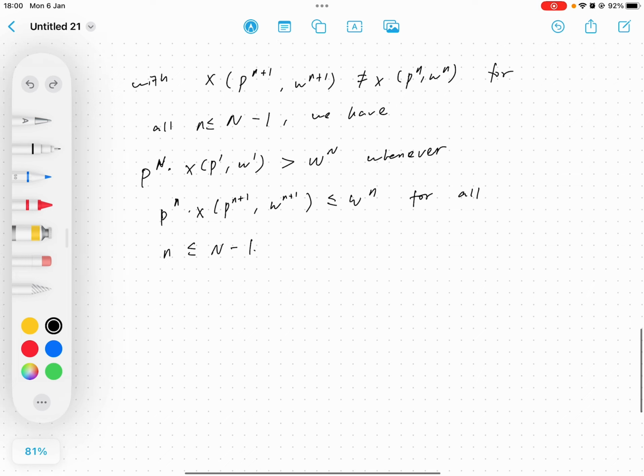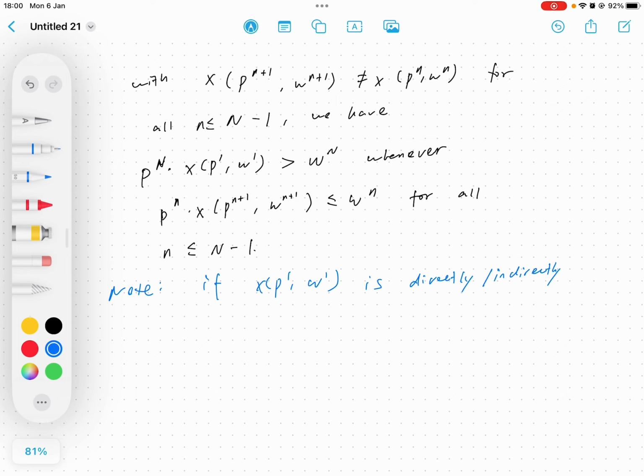Let's have a further note on this. If XP1 is either directly or indirectly revealed preferred to the last one, XPN WN, then XPN WN cannot be directly revealed preferred to the first one. So directly means that we compare any two bundles directly to each other, and indirectly means that we have this chain and want to transmit this through a chain and compare them indirectly.